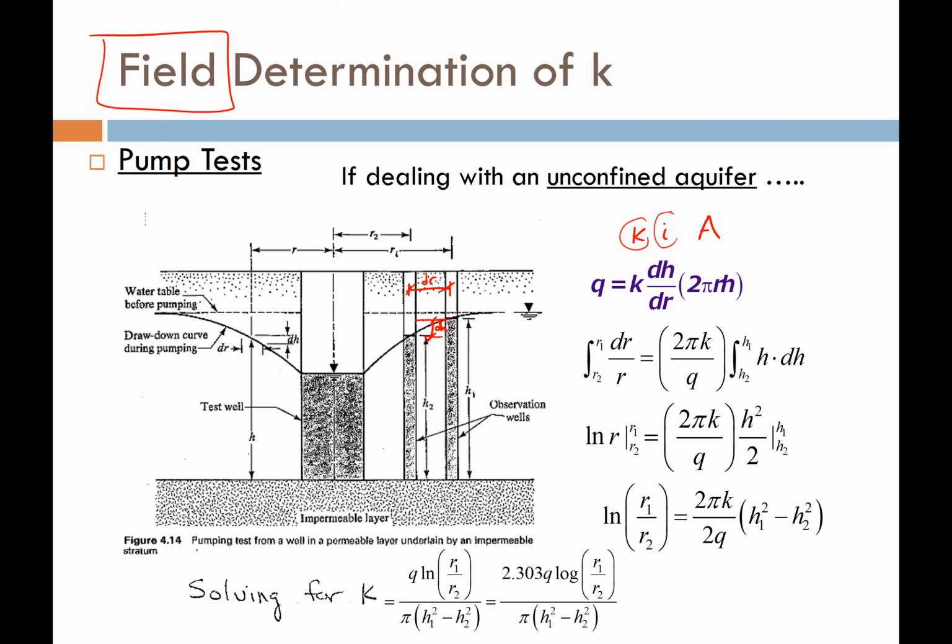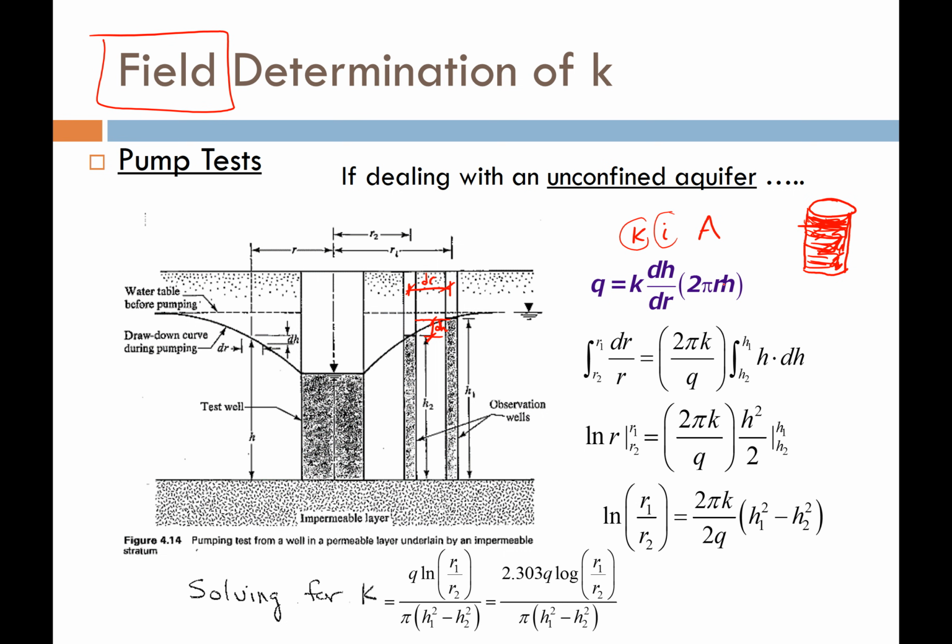And then the cross-sectional area is simply the cross-sectional area of the surface of our boring. So it's the area through which the water is seeping into the borehole, if you think of it that way.